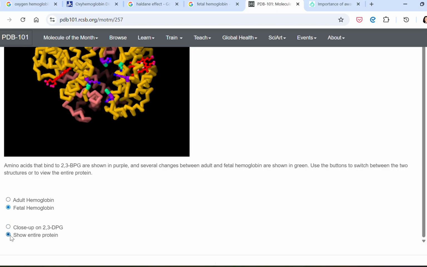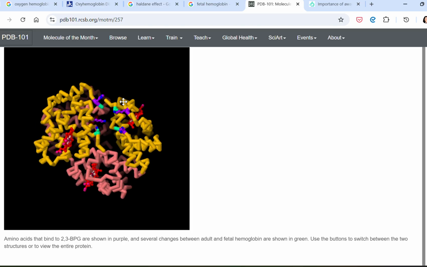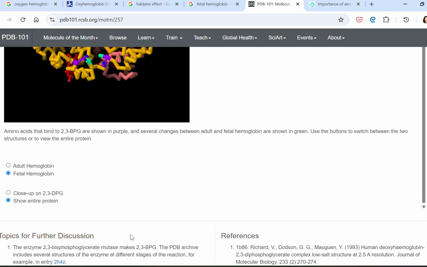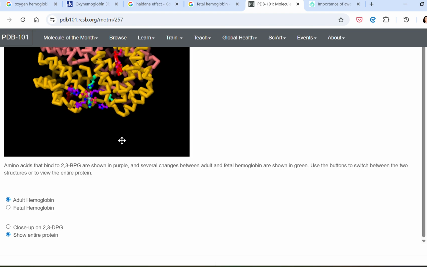We can show the entire protein. Here is the fetal hemoglobin and the adult hemoglobin.